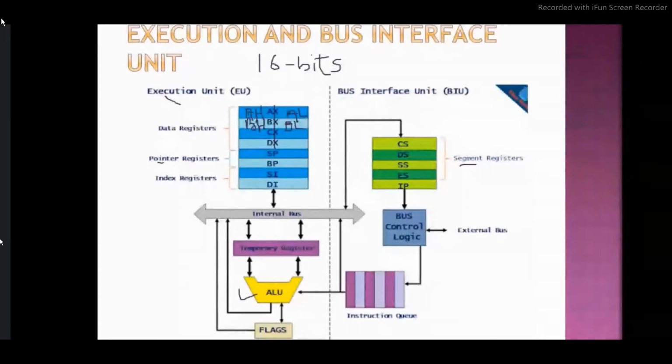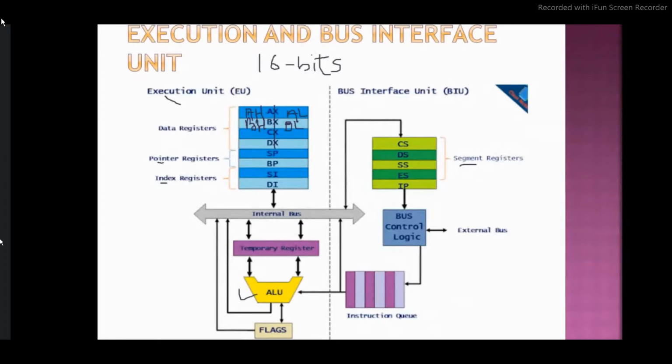After this, we have two index registers, source index and destination index registers. We will see each and every part of this execution unit and bus interface unit further.